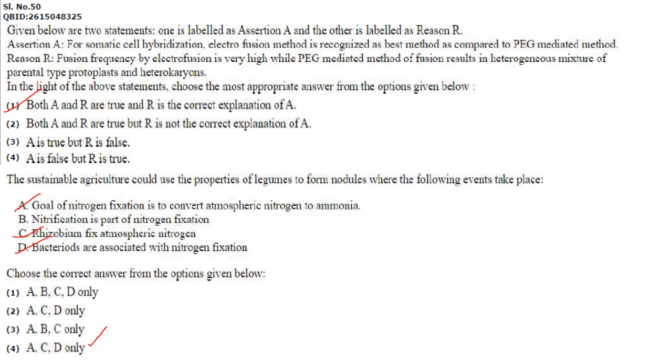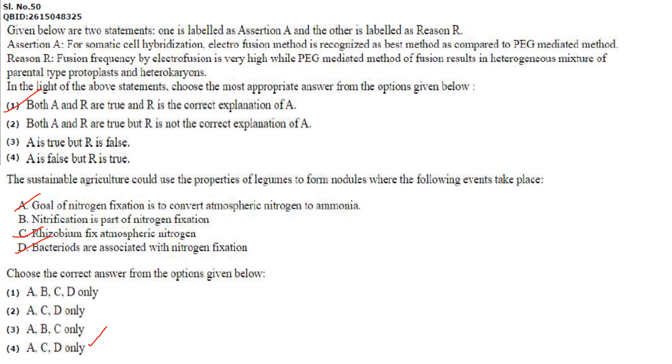Then next one. Sustainable agriculture could use the properties of legumes to form nodules where the following events take place. A: Goal of nitrogen fixation is to convert atmospheric nitrogen to ammonia. B: Nitrification is a part of nitrogen fixation. C: Rhizobium fixes atmospheric nitrogen. D: Bacteroids are associated with nitrogen fixation. Choose the correct answer from the options given below. So A is correct.